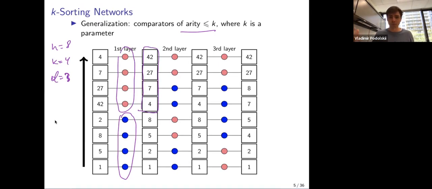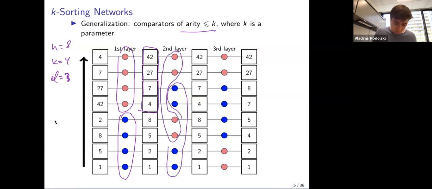You will see at the end of the talk that it is convenient for some reason. On the second layer, there is one comparator here and another comparator here. And on the last layer, there is a comparator in the middle and comparators on the sides. Again, we sort 8 numbers like this.